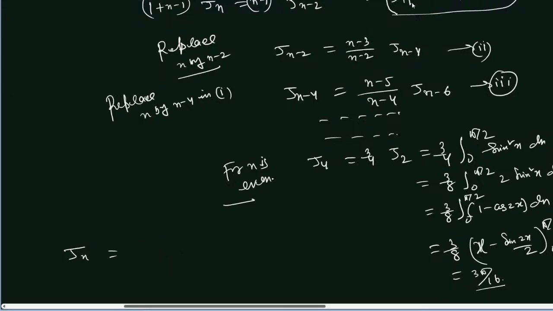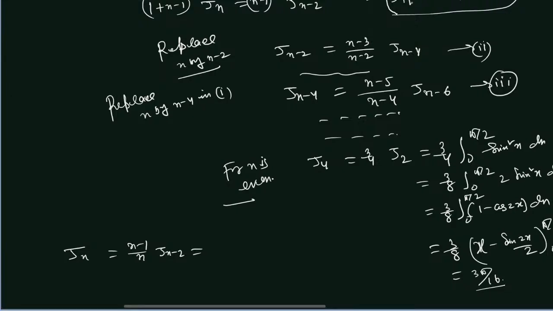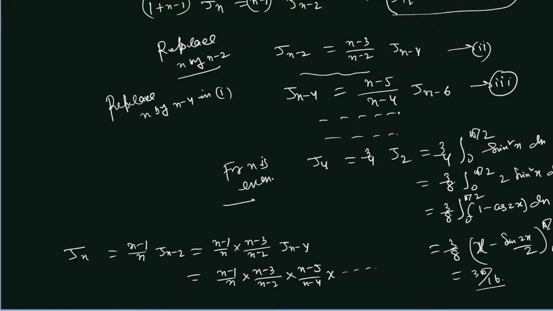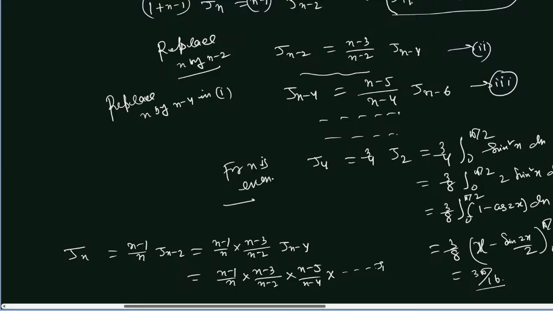This you write n minus 1 by n, Jn minus 2. It continues in this manner. This will stop at J1 if n is odd.